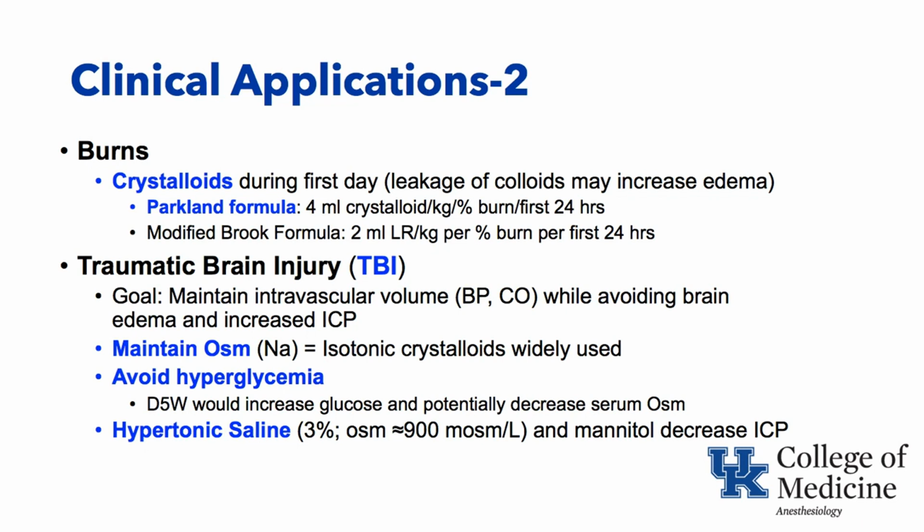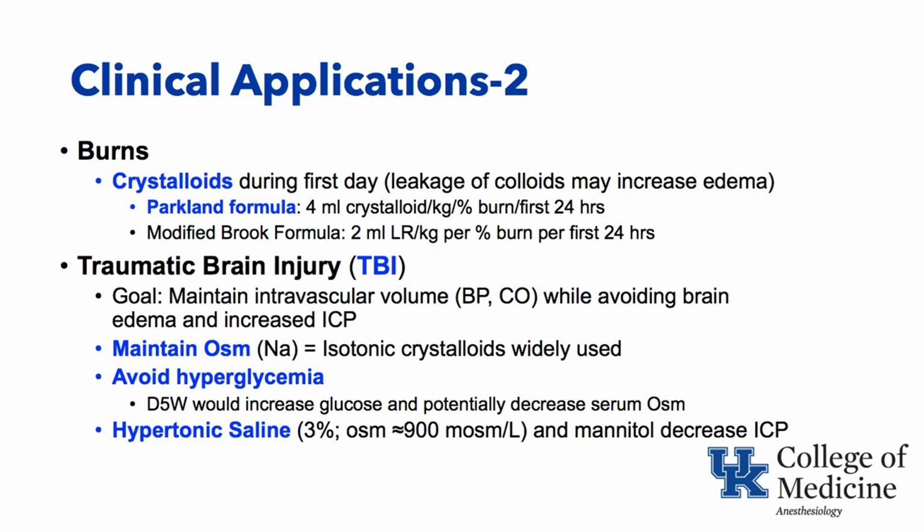Traumatic brain injured patients, the goal is to obviously maintain their blood pressure and cardiac output to get blood perfusing to their head, but at the same time avoiding edema of the brain and increased intracranial pressure. So one of the goals is to maintain osmolality, and sodium is a very large component of that, so isotonic crystalloids are widely used in resuscitation and hypotonic solutions are avoided.